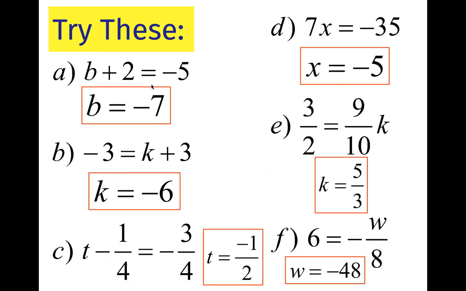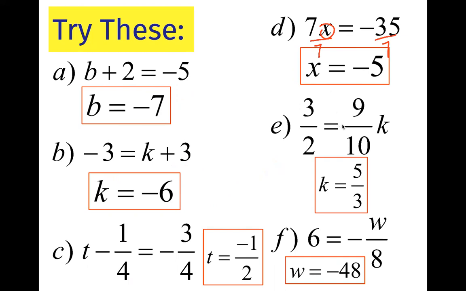For D, we're given 7x equals -35. The multiplying of 7 to x is keeping x from being isolated, so just divide both sides by 7. -35 divided by 7 equals -5. x is isolated, so your solution is x equals -5.